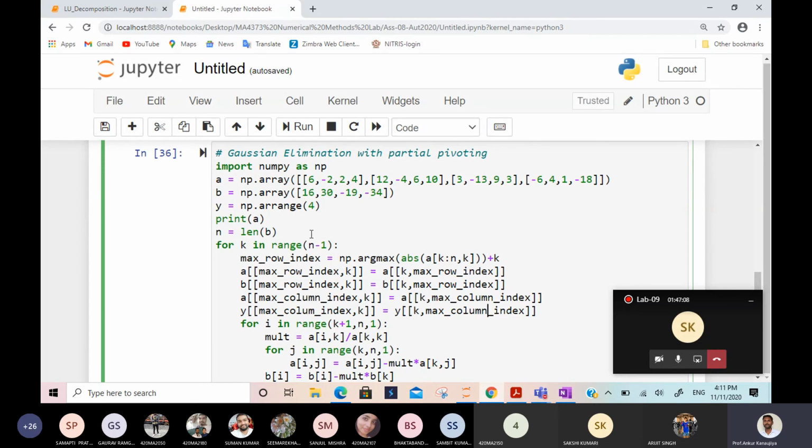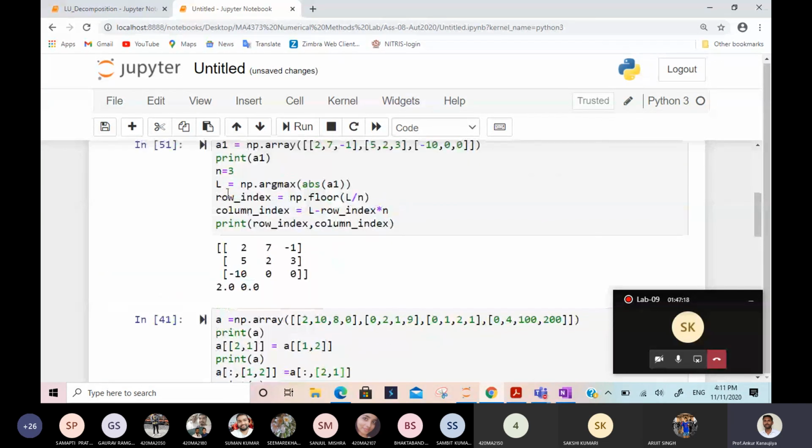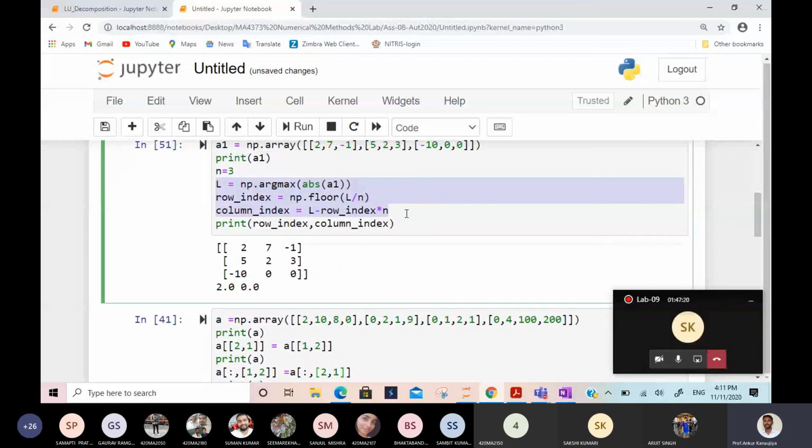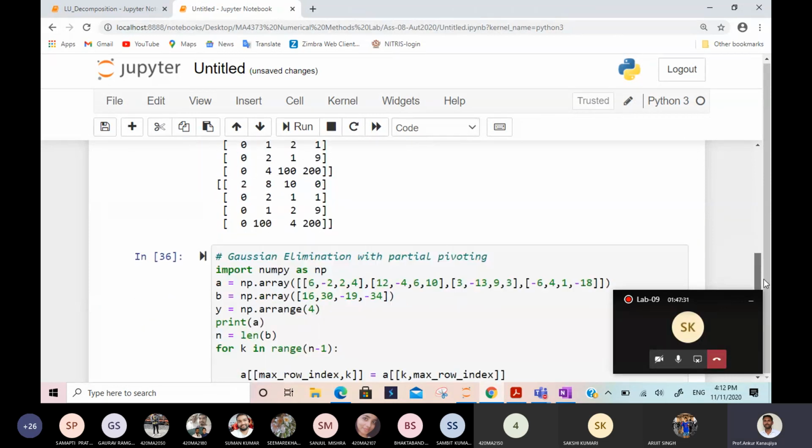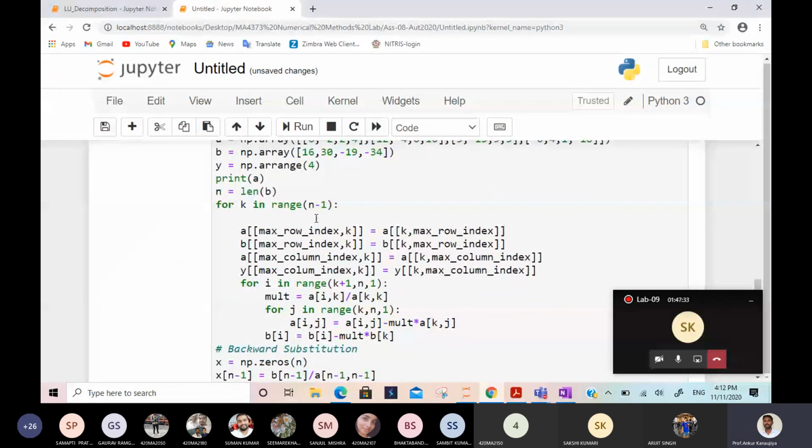Y means that numbering is there, so we will be able to keep track. And this maximum we have to change. It is not like this, it is like this. Plus K here and plus K here. So this is complete pivoting. In each method you have to do.